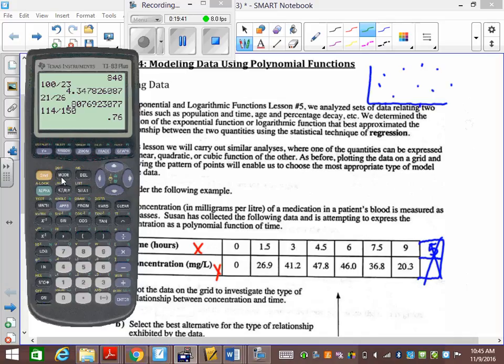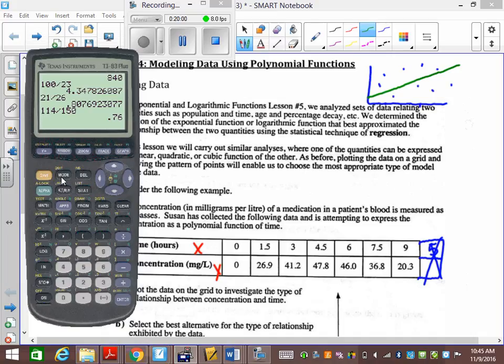Your calculator would take all the points and do all this lovely math, and it would come up with an equation like this, where an equal number of points are above, an equal number of points are below, and you have the same amount kind of on the line. Sometimes you don't have any on the line.